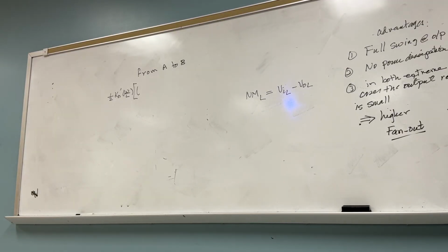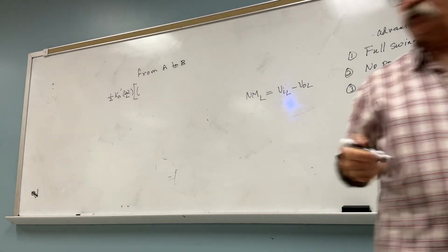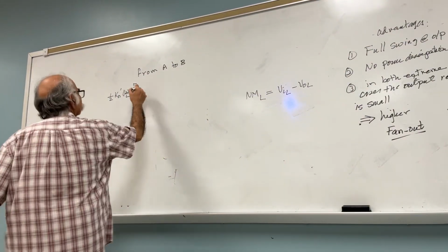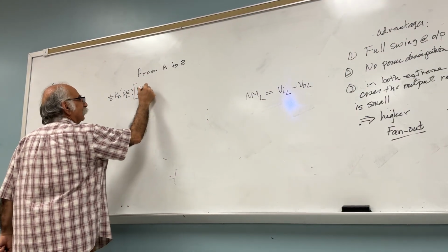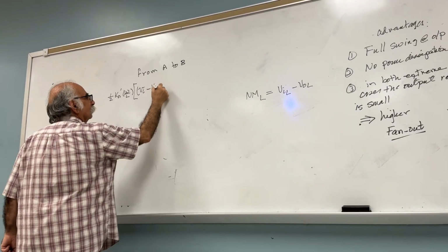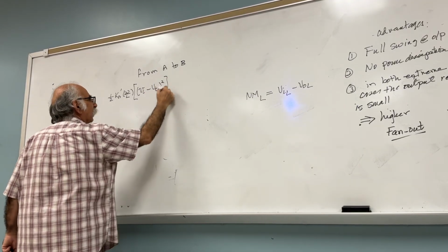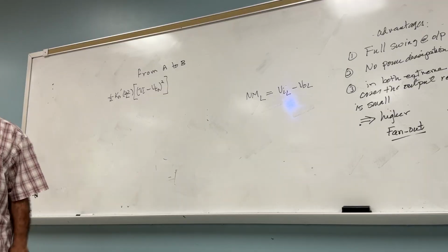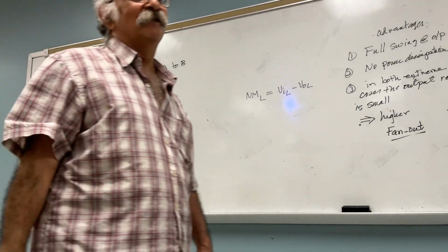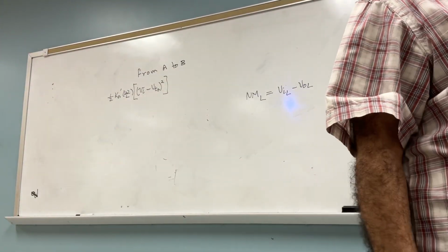VGS. But what is VGS? The input, which is VI, minus VT. Close the bracket. Did you get it? Yeah.